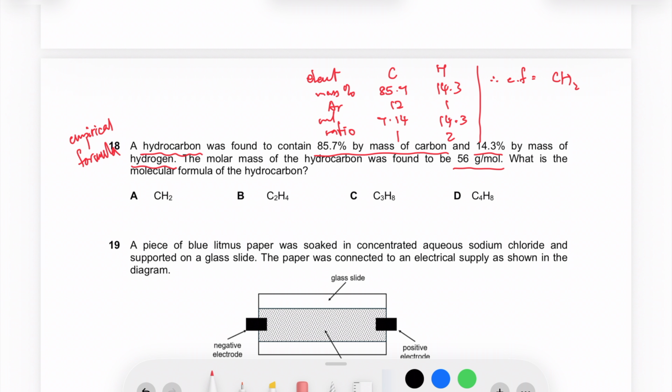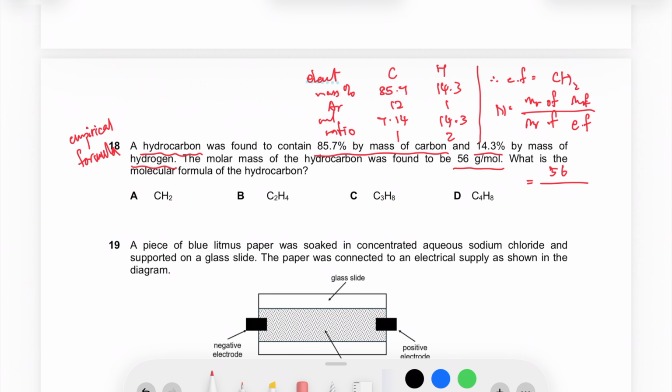Okay, then now from empirical formula to molecular formula, you need the common ratio. So there's this formula, n equals Mr of molecular formula over Mr of empirical formula. Mr of molecular formula, which is given to you, is 56.